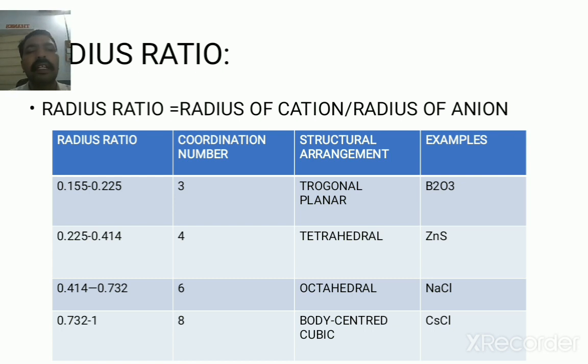An example is ZnS. If the radius ratio is in the range of 0.414 to 0.732, then the coordination number is 6 and the structural arrangement is octahedral, and the example is NaCl. If the radius ratio is 0.732 to 1, then the coordination number is 8 and the structural arrangement is body centered cubic. An example is CsCl, cesium chloride.